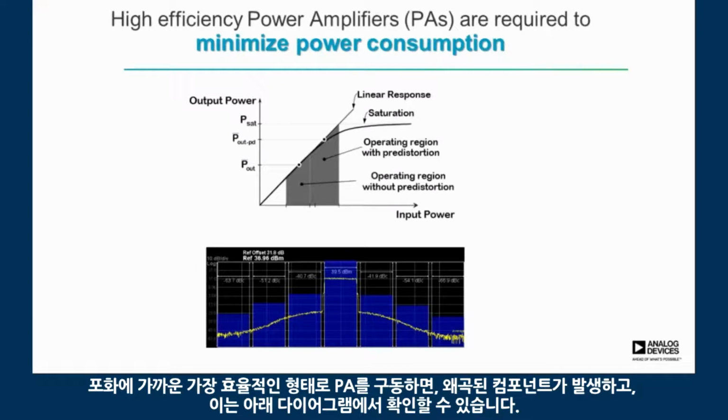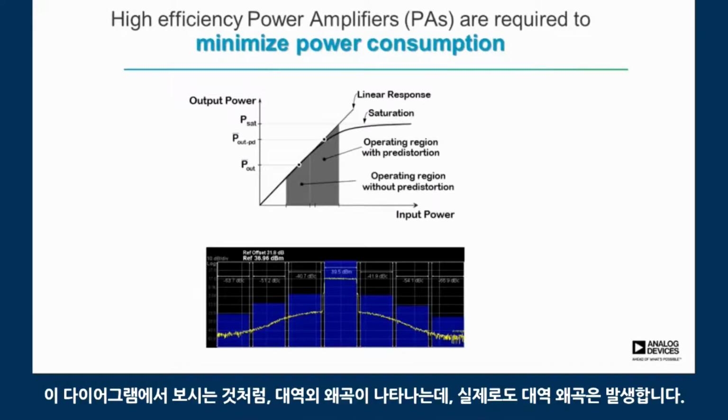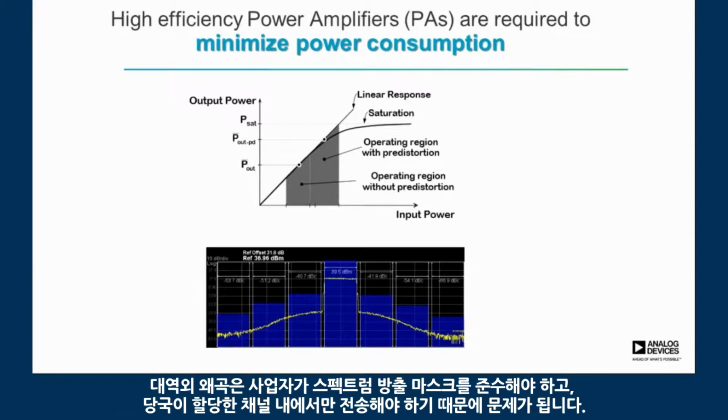And these can be seen in the bottom diagram. They manifest themselves as out-of-band distortion, as you can see in this diagram, and indeed in-band distortion happens also. So this out-of-band distortion is a problem in that operators must comply with spectral emissions masks, and they're only allowed to transmit within the channel that they have been allotted by the authorities.